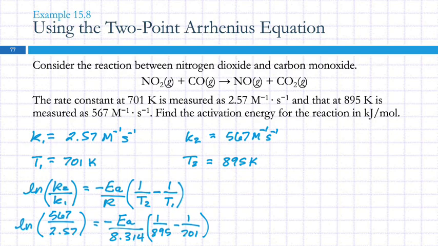I did e to the x instead of natural log. I thought that number was really big. 5.408 for the left side. Anybody else get that? A couple of nods.